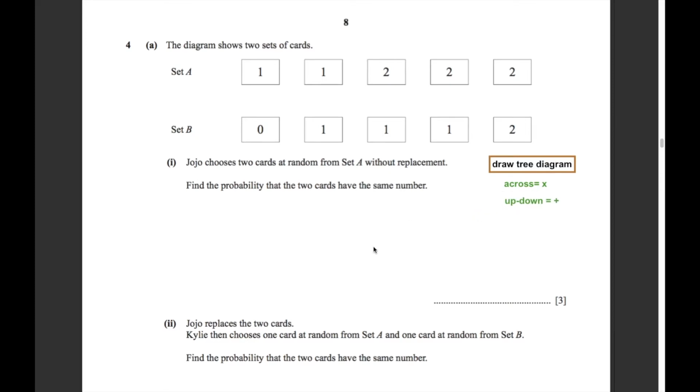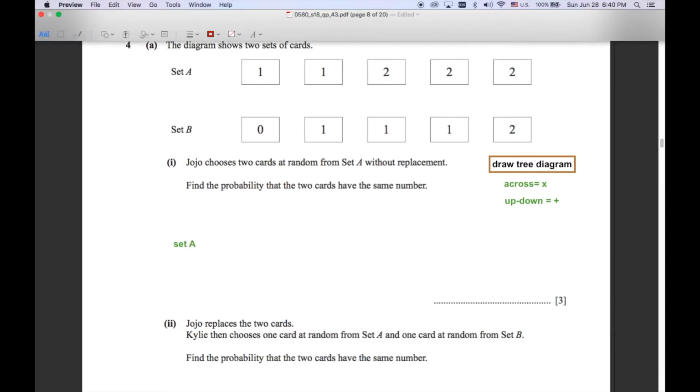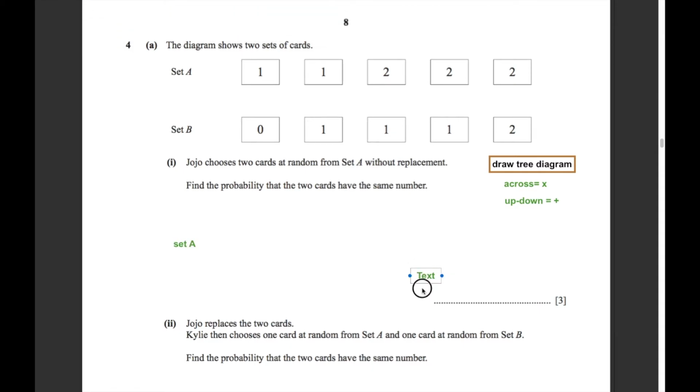Let's start by creating a tree diagram. So we have set A. What are the options that we have from set A? We have the option of getting a 1 or a 2. So that's our first draw. The first time choosing a card, we can either get a 1 or a 2. Say we chose a 1 the first time. We still have the option of getting a 1 or a 2, so we're going to place that here.